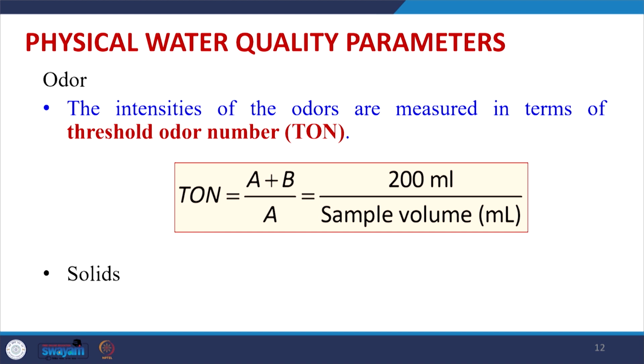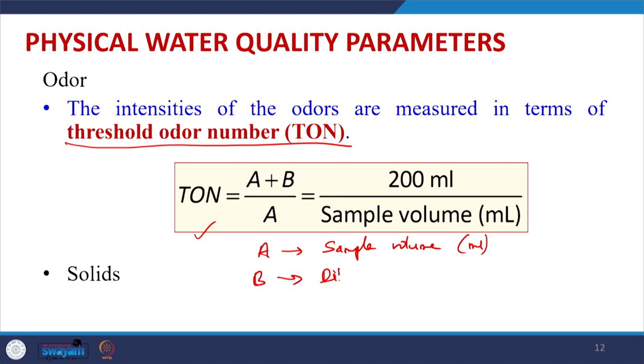So, there is one parameter which is called threshold odor number, TON. Now, TON is actually defined via this particular equation which is given here, A plus B divided by A. Here actually the A is the sample volume, which is measured in ml, and this sample volume is always diluted by a dilution water which is not having any odor.